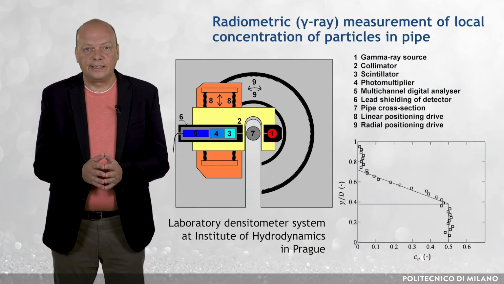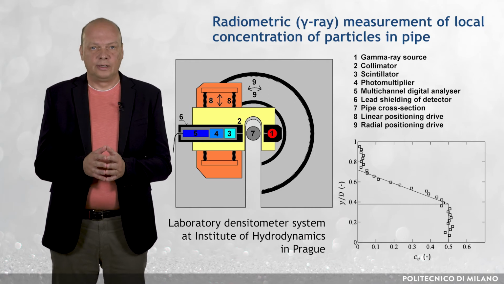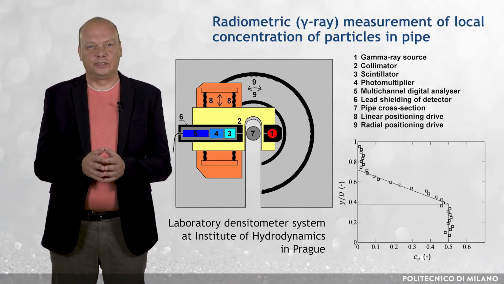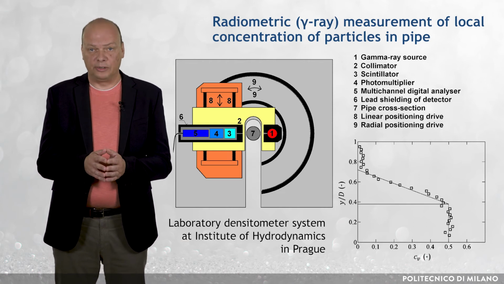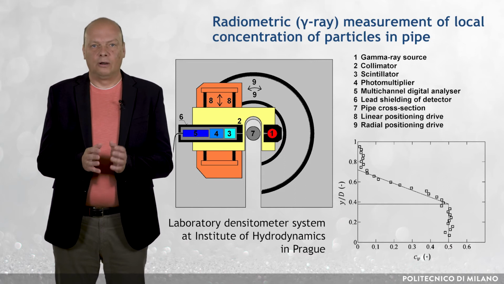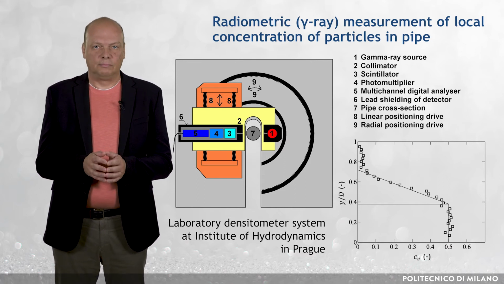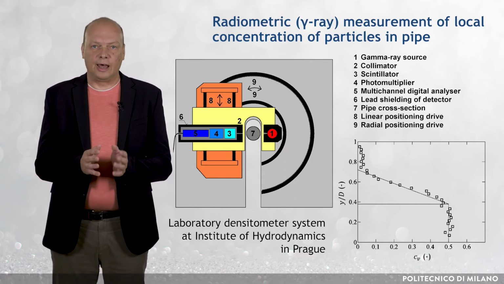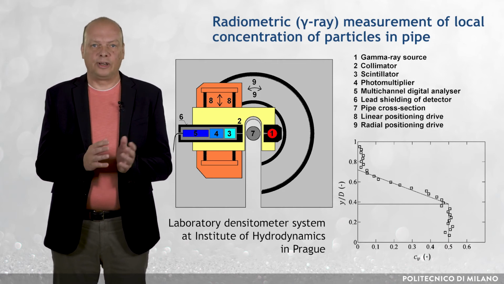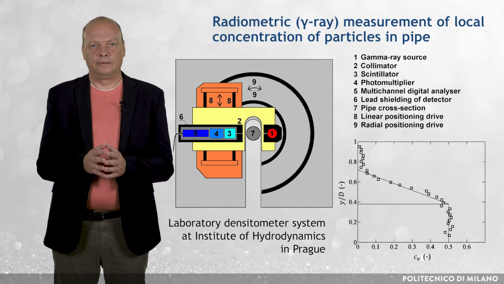In measuring settling and complex slurry flows, especially for research purposes, detailed information about the distribution of slurry properties across the flow can be very useful. Local slurry density may be measured using a meter which relies on the attenuation of some form of radiation passed through the slurry.